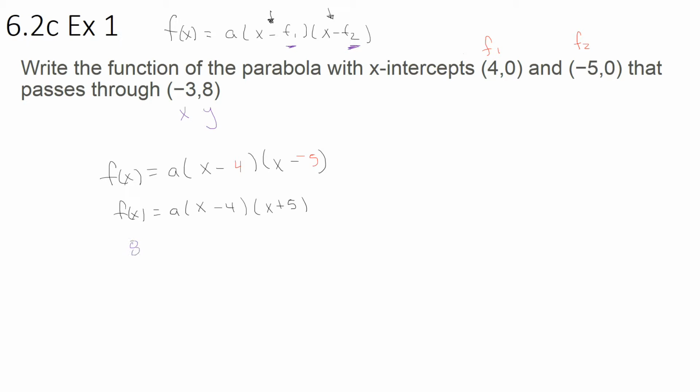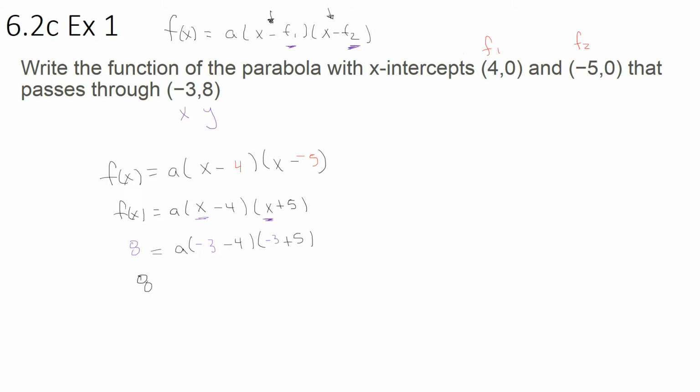So I'm going to have y is equal to a times x minus 4 times x plus 5 over here. Okay, so my x is negative 3. Make sure that you plug in x for both of these, okay? Every time you see an x, you have to substitute that value.